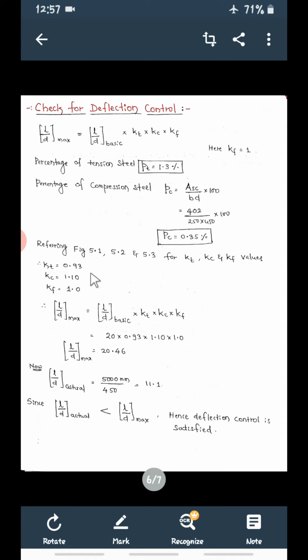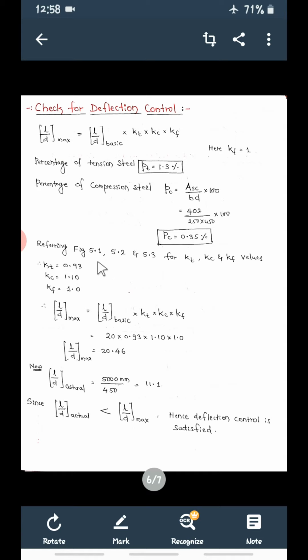Now refer figure number 5.1, figure number 5.2, figure number 5.3. Figure 5.1 is for KT, figure 5.2 is for KC, and figure 5.3 is for KF. So anyhow this is 1.